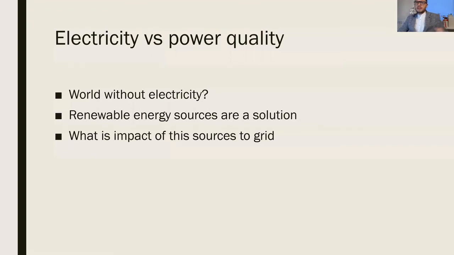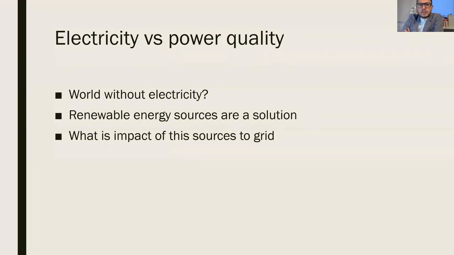Could you imagine a situation where our present world is without electricity? It's really hard to imagine. And I think that we cannot say that our future can be without renewable energy sources.